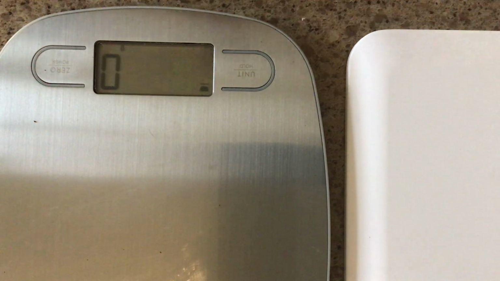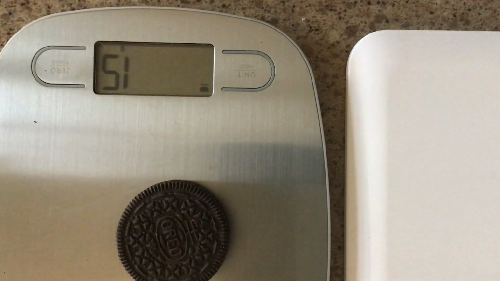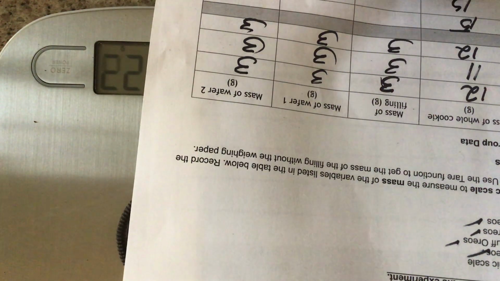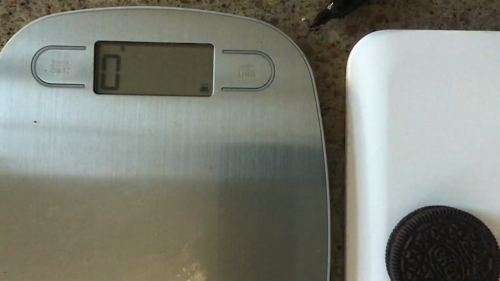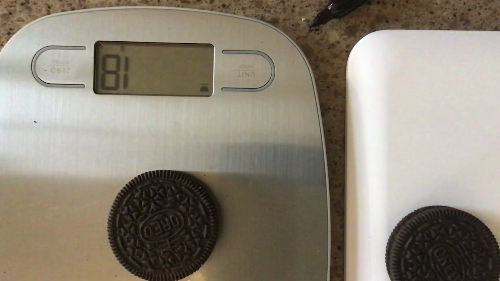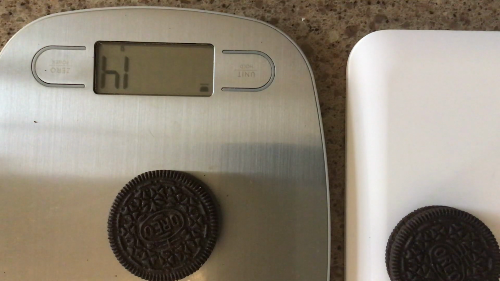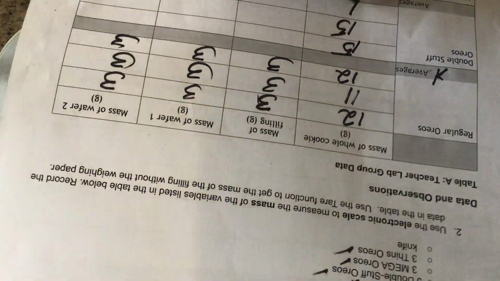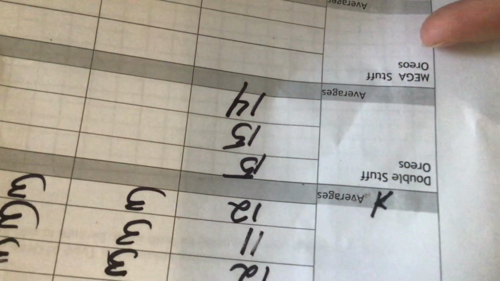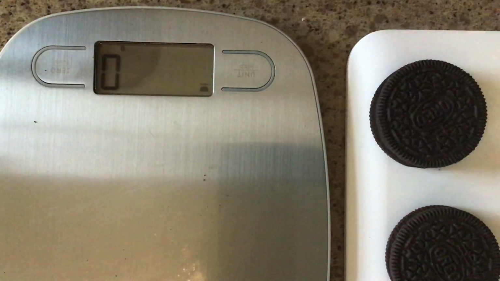This is cookie 2, 15 grams. Cookie 3, ooh, 14 grams. Alright, so this is what we have so far. Double stuffed Oreos, 15, 15, 14, in that order.